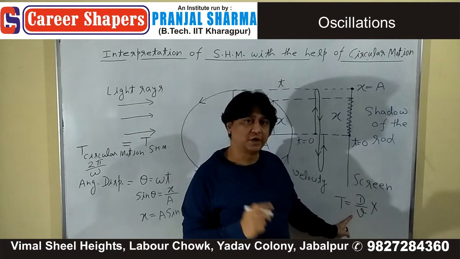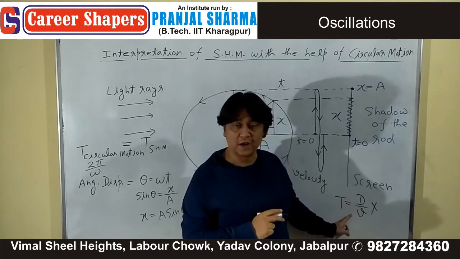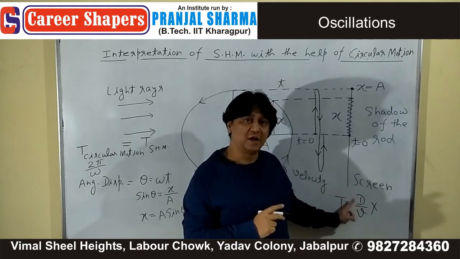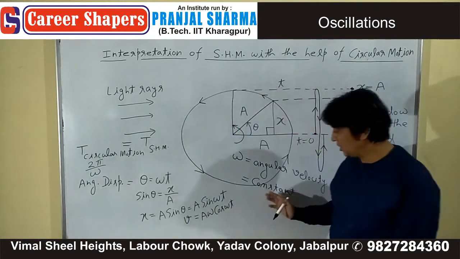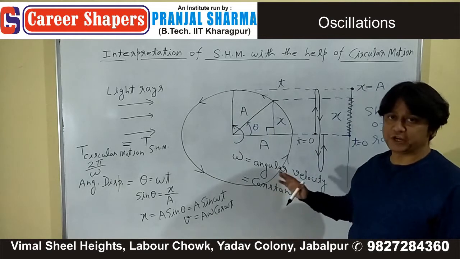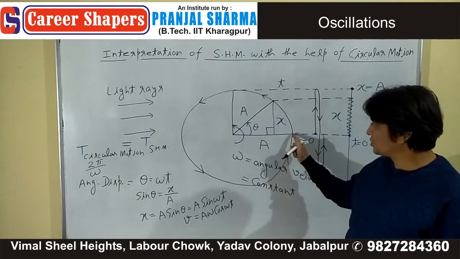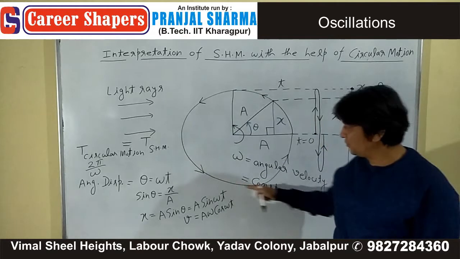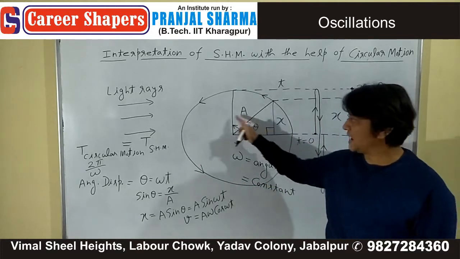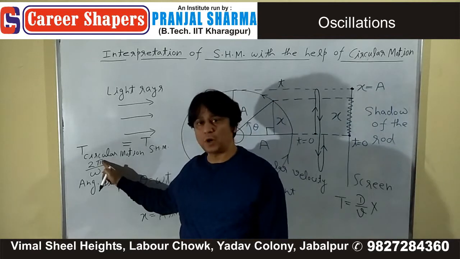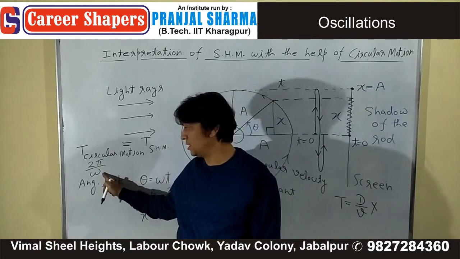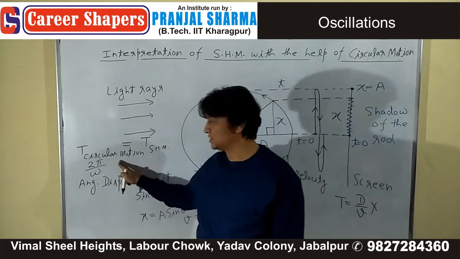Displacement upon velocity is used when velocity is constant. Angular displacement divided by angular velocity is used when angular velocity is constant, which it is in this case. So when this rod completes a full circle, then what is the angle which it has completed? That angle is what? 2 pi. With what angular velocity? Omega. So this is the time to complete one circle.